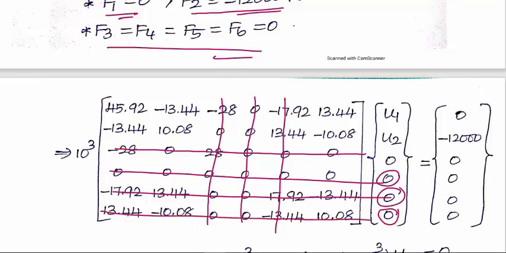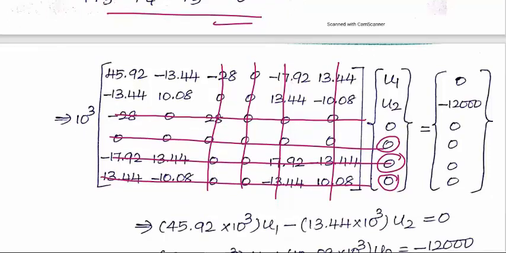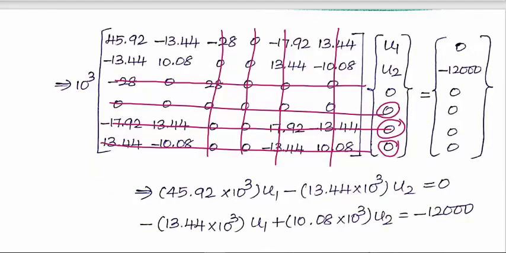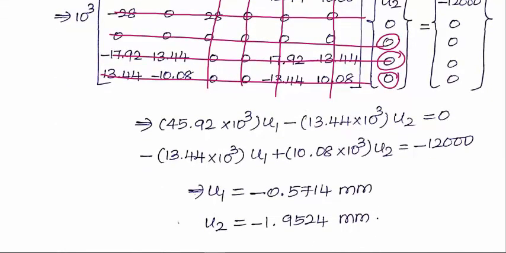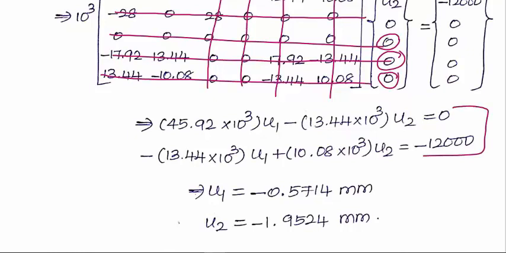So we can neglect the sixth row and sixth column of the matrix. Now we have two equations with two unknowns for the displacement components. By resolving these two equations, we get the displacement components U1 and U2 corresponding to the first nodal point as minus 0.5714 millimeter and minus 1.9524 millimeter respectively.